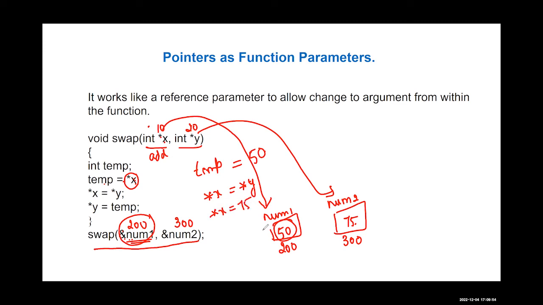Now the x value becomes 75. Next I have star y is equal to temp. So what do I have in temp? 50, so I am going to change this value to 50, and using the previous line I have changed the other value to 75. So this is how I am directly accessing the memory and changing the value. This is called call by reference.